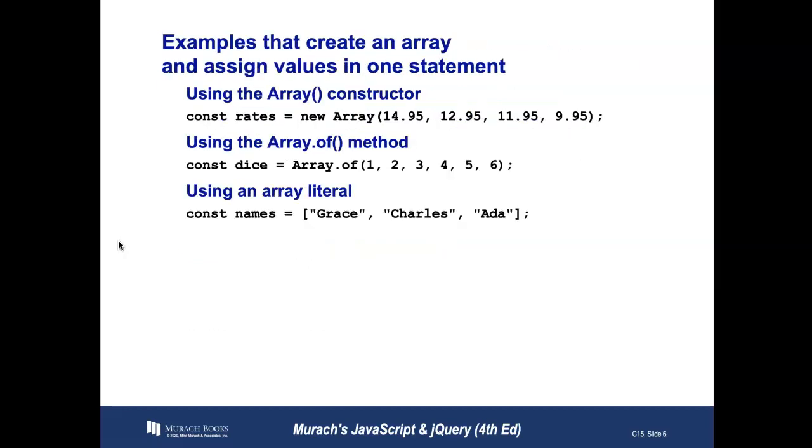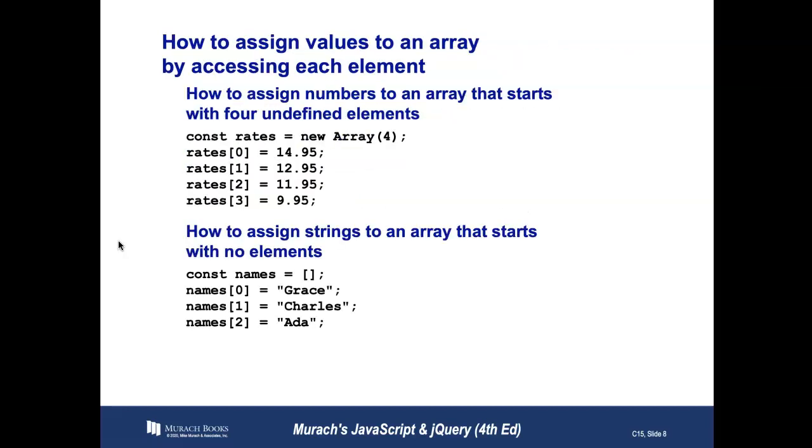If we go back a couple of slides, we see the same numbers are in the top using the new array. In this case, we're just using the literals to assign values to each individual element of the array. In the second example, we're assigning strings to an array that starts with no elements. We're using names equals empty blocks and then adding 0, 1, and 2, Grace, Charles, and Ada.